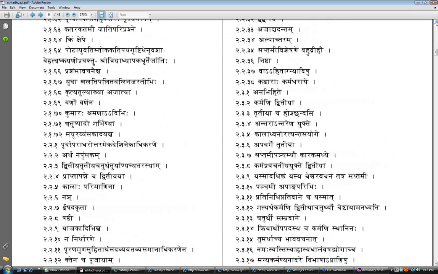But of course the answer is because it's passive. But in the Paninian way, how do we overrule this sutram karmani dvitiya? Because remember one more thing is that Rama is still the karma, that his karmatvam is not lost. Even in the passive, he is definitely the object of the attack. So no matter if the speaker wants to use an active voice or a passive voice, regardless, he is the object of the action.